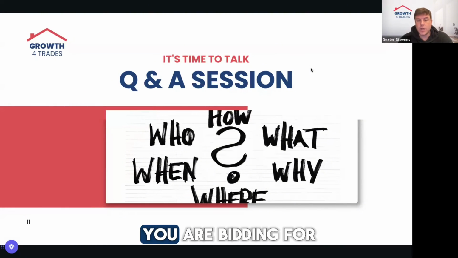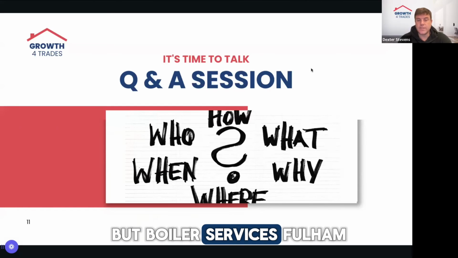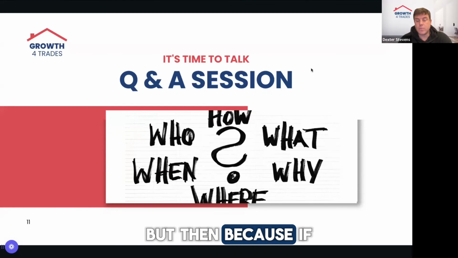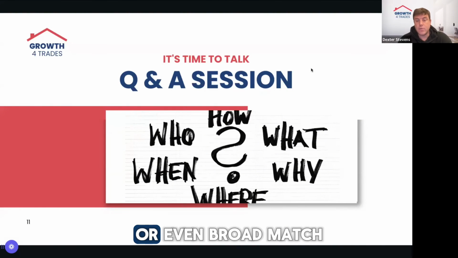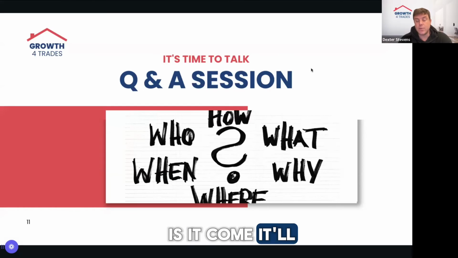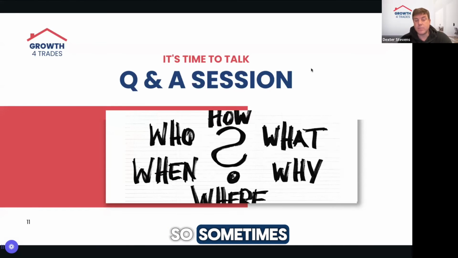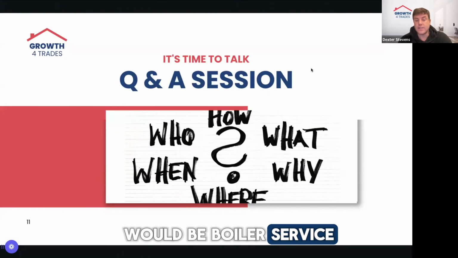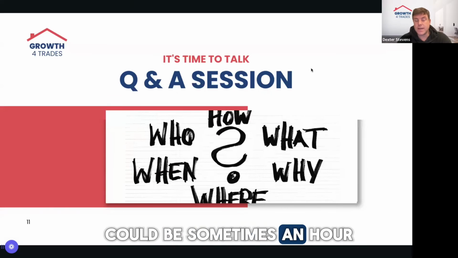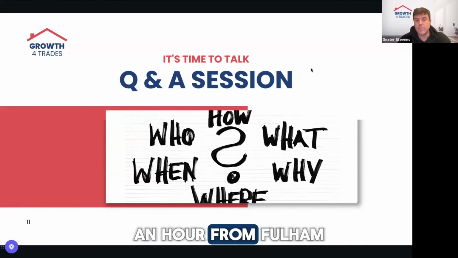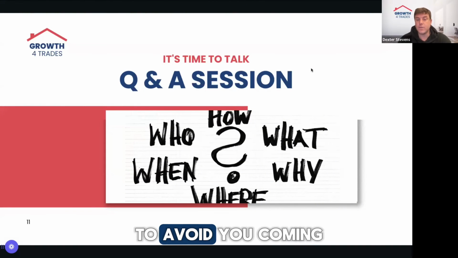Say you are bidding for boiler services Fulham, but if you set up the keyword in the campaign as a phrase match or even broad match, then Google will make you bid for keywords that are similar. Sometimes what falls under similar would be boiler service Hackney, which could sometimes be an hour from Fulham, depending on traffic. So you could then add Hackney as a negative keyword to avoid coming up for that.